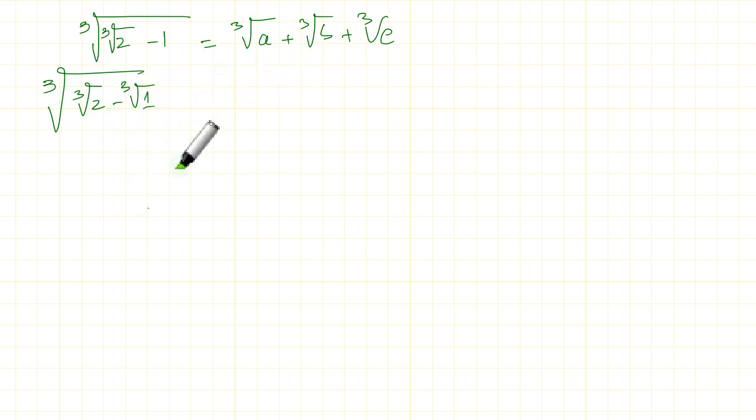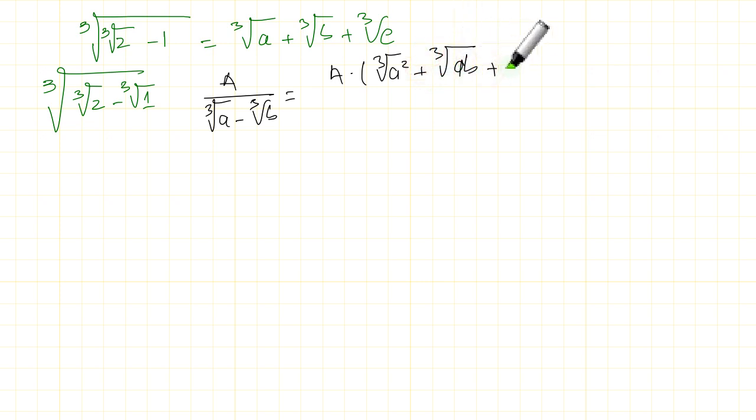If I have a divided by cubic root of a minus cubic root of b, multiplying by the conjugate, I'm going to have a times cubic root of a square plus cubic root of ab plus cubic root of b square, divided by cubic root of a minus cubic root of b.